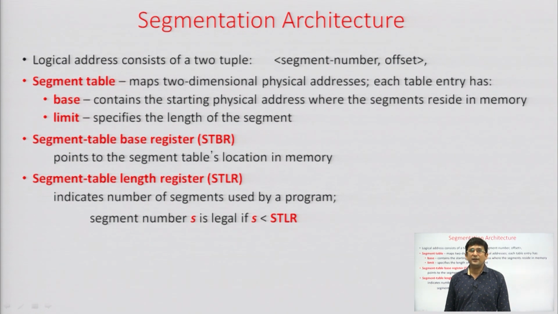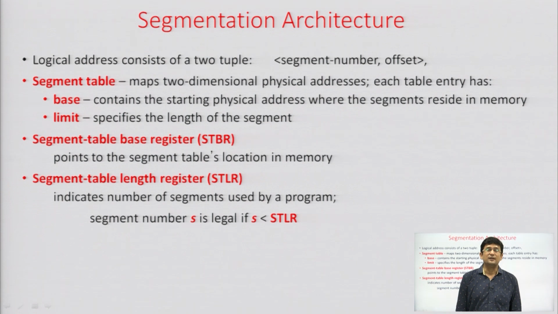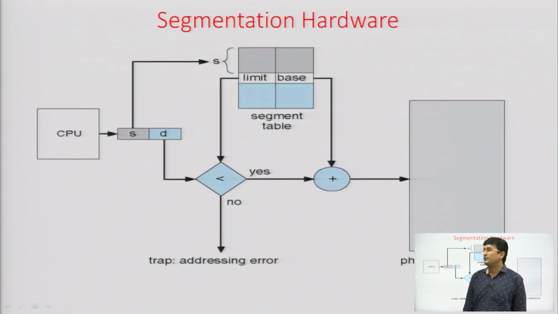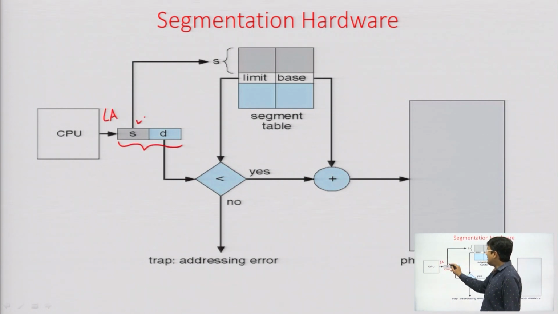Whenever we refer to segmentation, we should also refer to memory protection. For memory protection, we again have 2 registers storing the base and the limit of a particular segment. For each segment we will store this information. Whenever the CPU refers to some logical address LA, it is divided into 2 parts, segment number and offset.